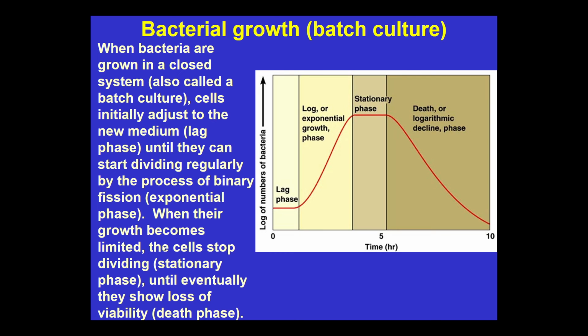What do we call a closed system, or so-called batch culture? When the medium is inoculated and then we add nothing to these bacteria. So this is a closed system. We add nothing and get nothing out of there.